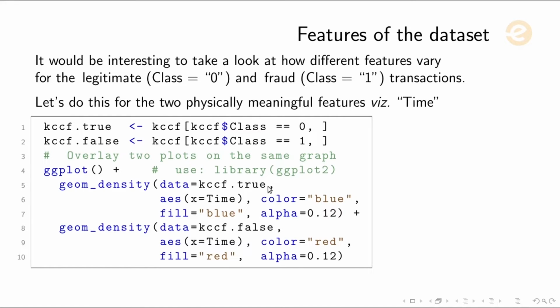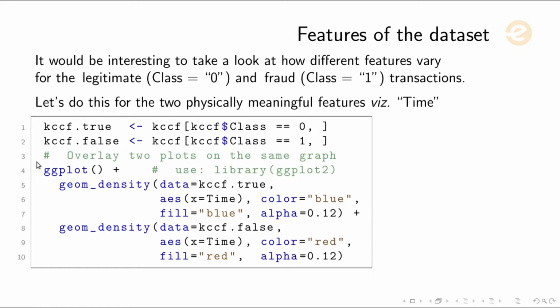We use the blue color for the true one, and we use the red color for the false or fraudulent transactions. Now I chose this color so that by using the red color we can catch the fraudsters red-handed. And this alpha equal to 0.12 is for the opacity of the fill, so that we can see through one of those graphs into the other one.